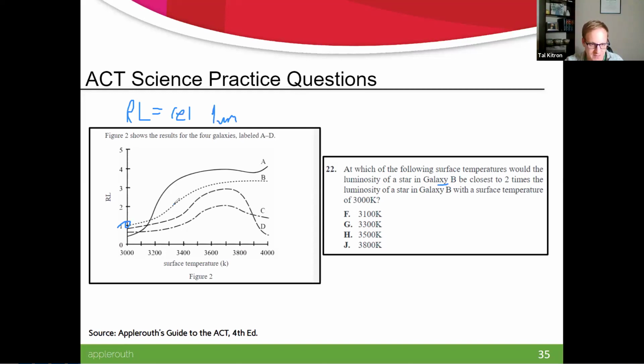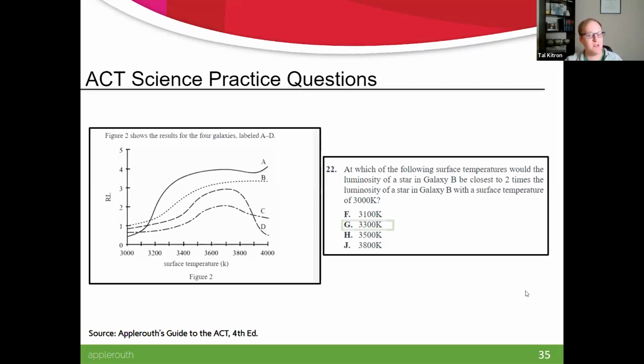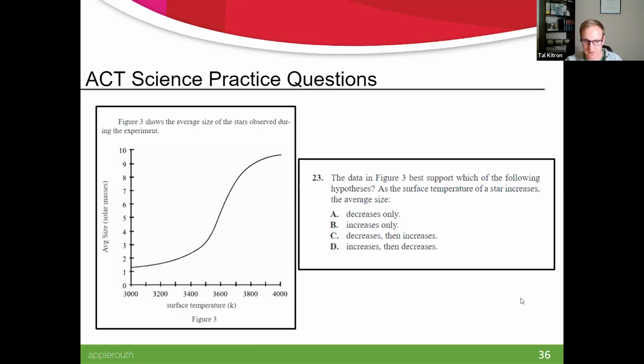Which looks like it's maybe right here. Draw the line down. That's at a surface temperature of 3300. So our answer would be G for this one. That's just finding a point. And in the context of a bunch of other questions, people will think, I don't see any questions that easy, but I guarantee you that they're there. So that's just finding a point in the graph.